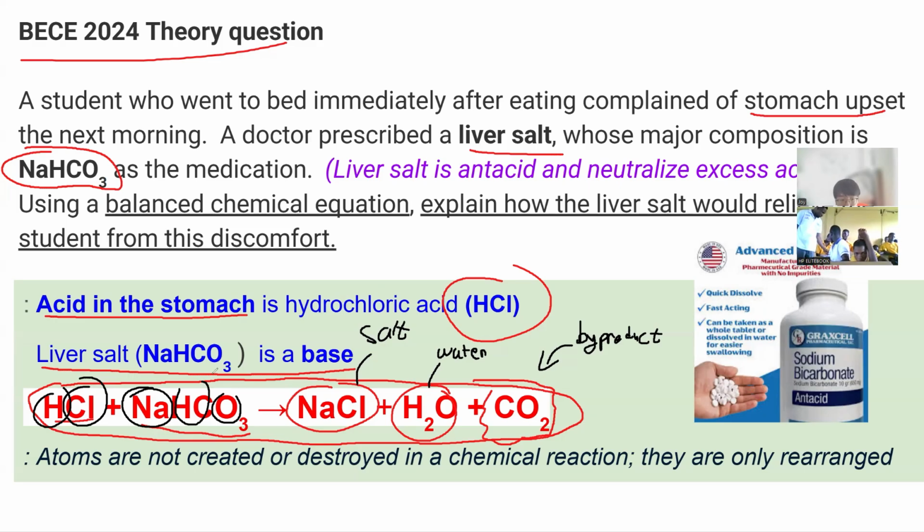And you are able to show that you know what it is and write down the equation. So this is, I think, one of the most difficult questions that was on the BECE 2024 exam. So yeah, I hope this makes sense.